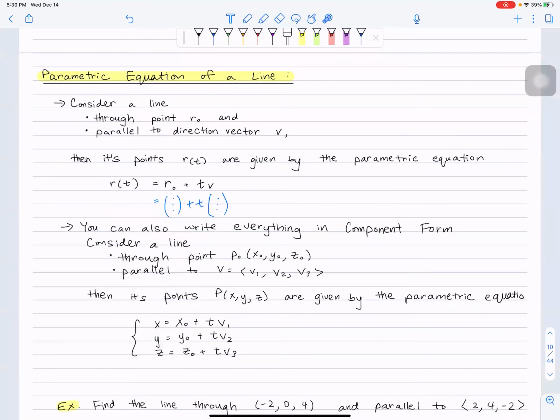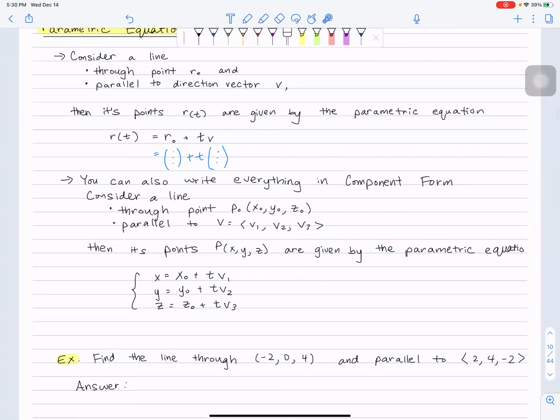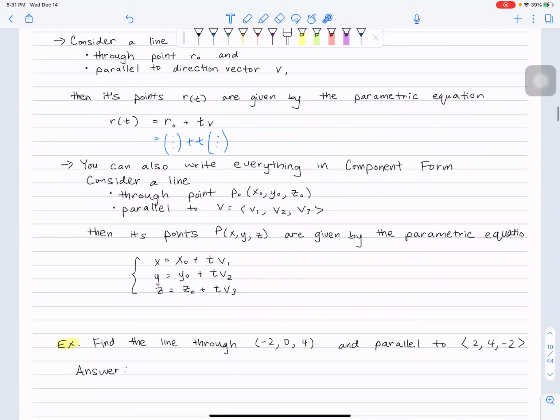So let's do an example. Let's say we want to find the line through this point and parallel to this vector. Then what can I do? I can follow the formula. It says my equation of the line is the original point, so -2, 0, 4, plus the variable I choose is t, and the direction vector they give me is 2, 4, -2.